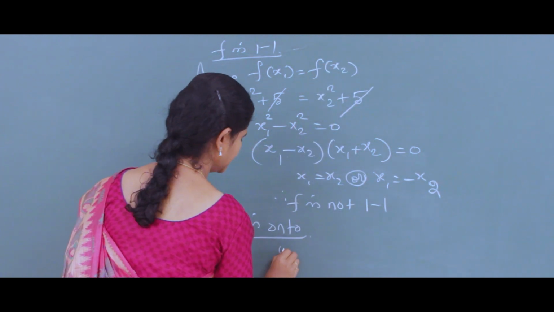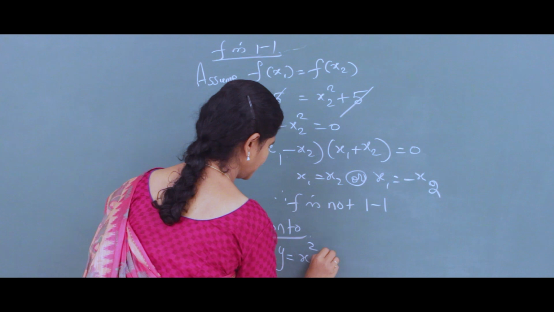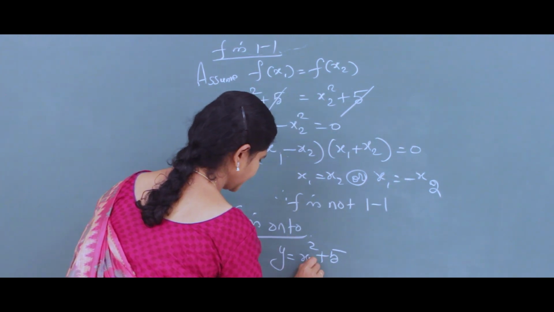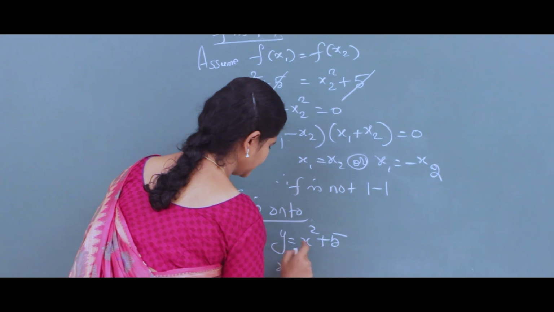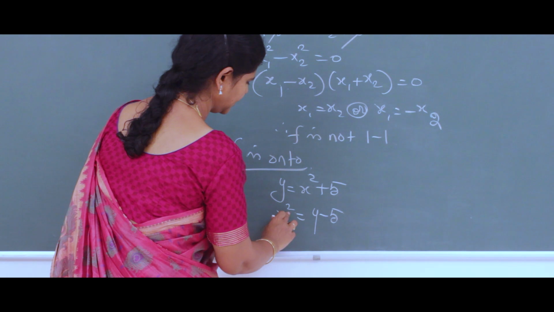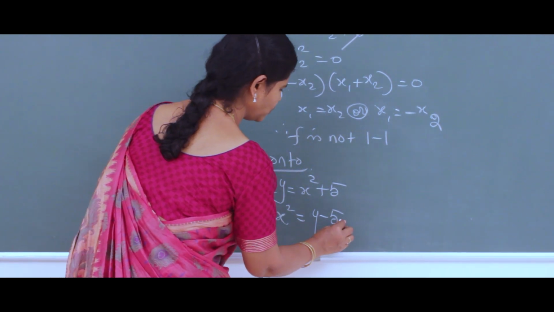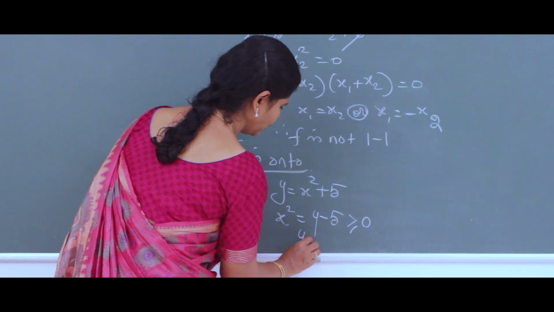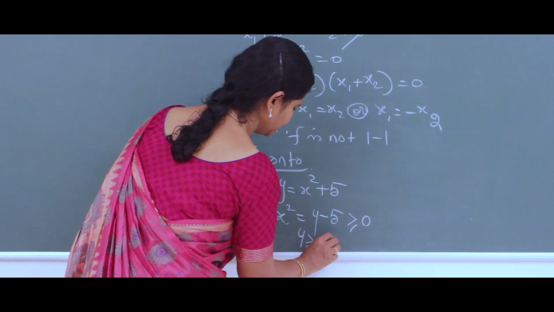So write y is equal to x square plus 5. Write x in terms of y. So x square, what do we get? Bring this over: y minus 5. This x square is greater than or equal to 0, so y minus 5 is greater than or equal to 0. That implies y is greater than or equal to 5.